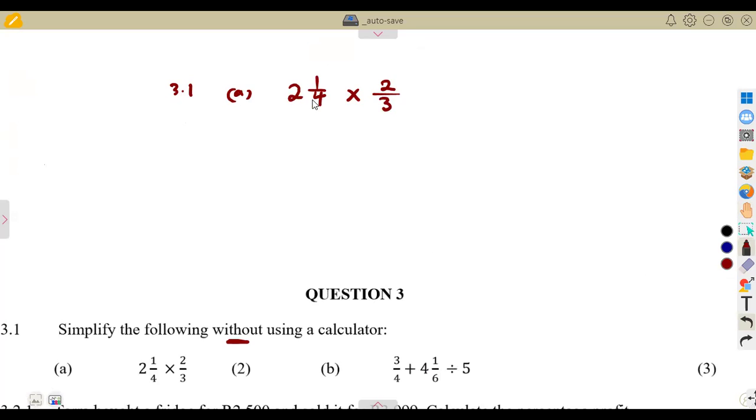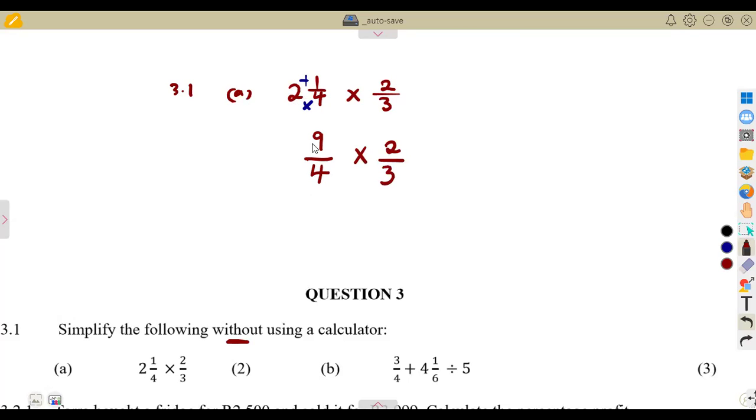So this here, remember, it's a mixed fraction. So we have to write it as an improper fraction, multiply these two, then you add to the numerator. So this is how you do it: 4 times 2, which is 8. Then 8 plus 1, that is 9 over 4 like this, times 2 over 3.